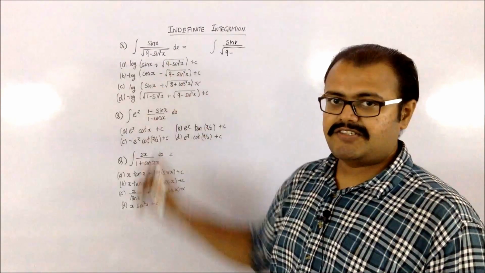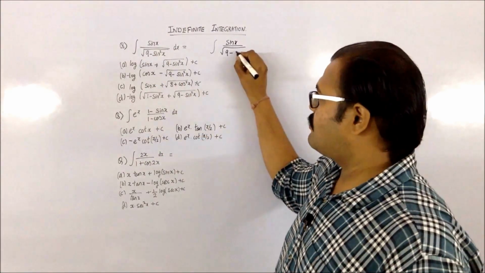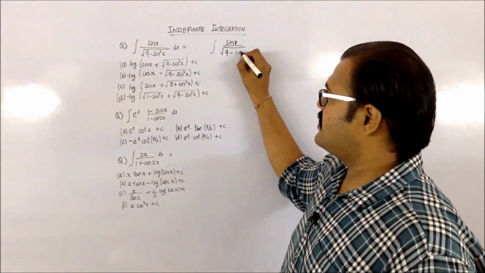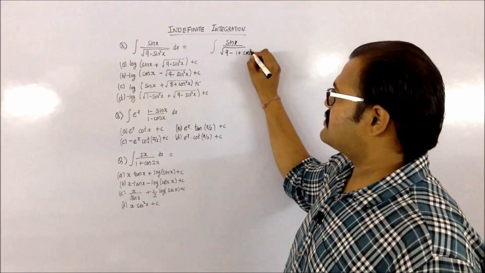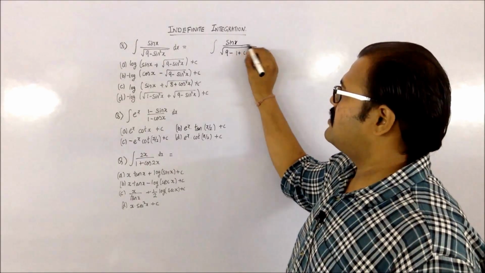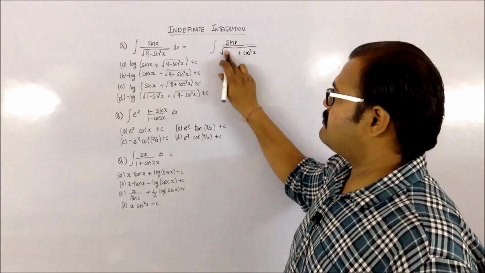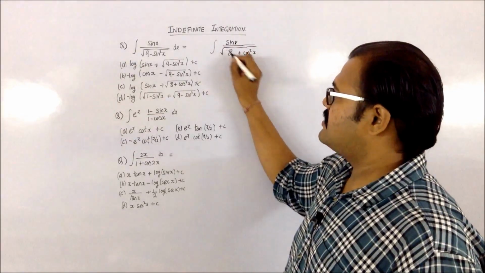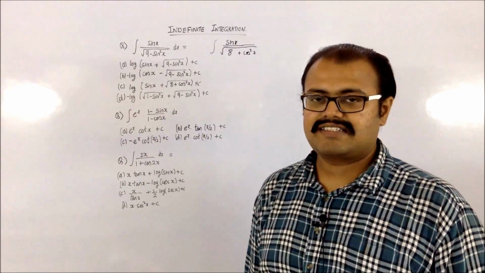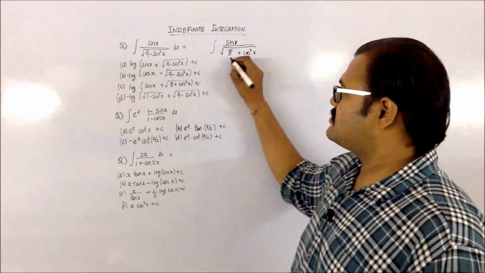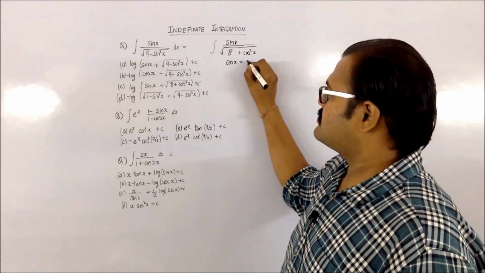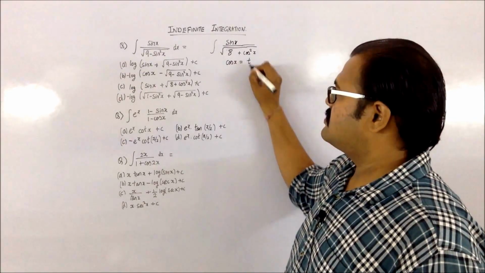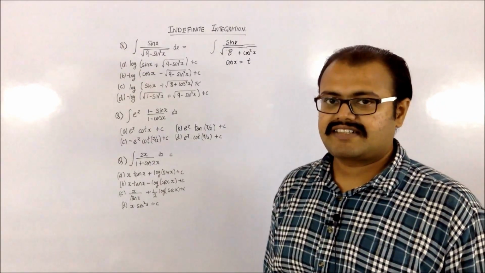So you can substitute your sine square x as 1 minus cos square x, which makes it 9 minus 1 plus cos square x. So this 9 minus 1 becomes 8. Now you can substitute your cos x as t.